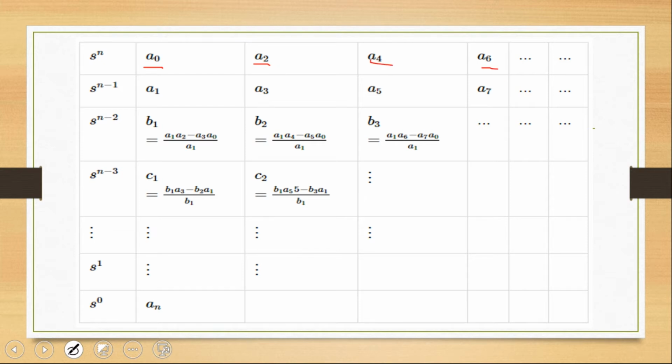In the second row we have a1, a3, a5, a7, etc., all odd terms. Now we have to write the third row elements, which are not present in the characteristic equation. So the third row will be obtained by constructing a determinant by considering these four first.